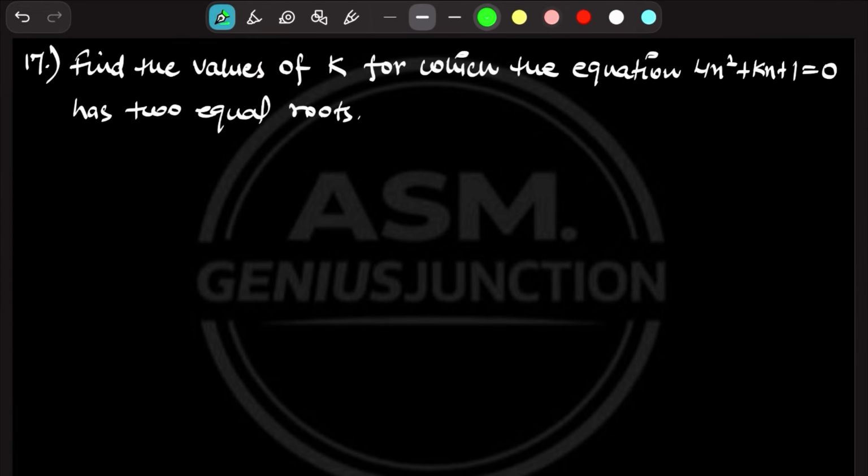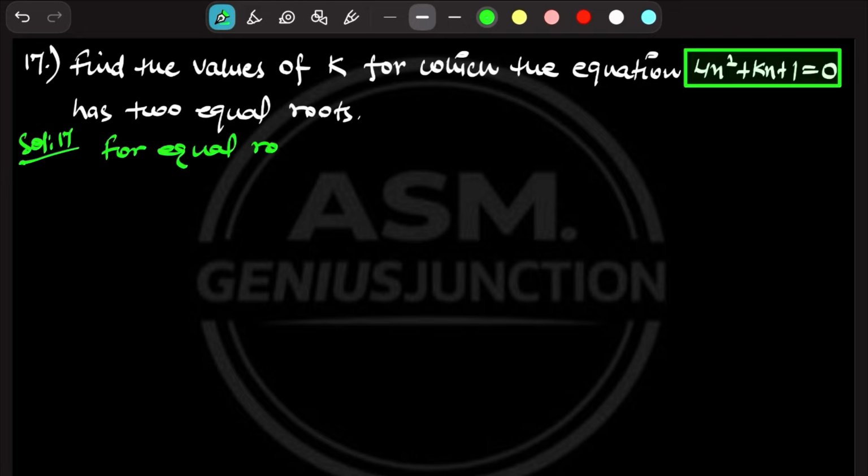Okay, so question number 17, in continuation with video number 1 and 2, let's discuss. Find the value of k for which the equation 4x square plus kx plus 1 equals 0 has equal roots. We know that for equal roots D equals b square minus 4ac should be 0, right?